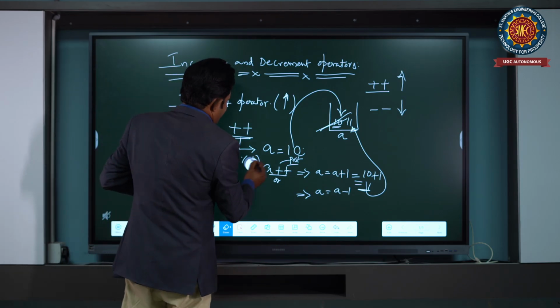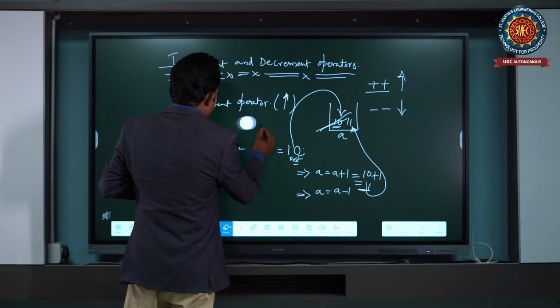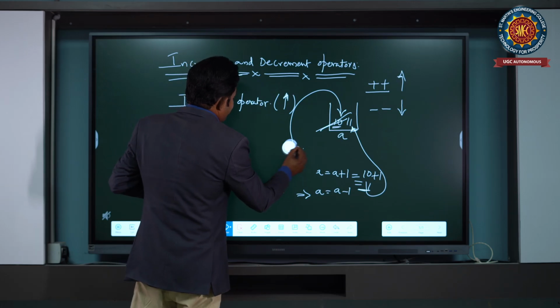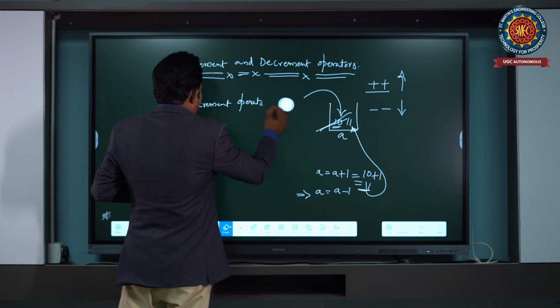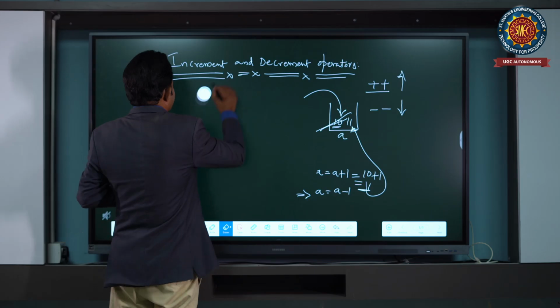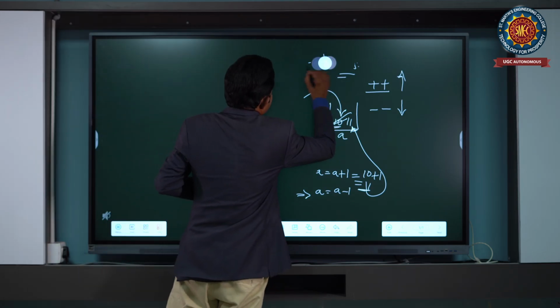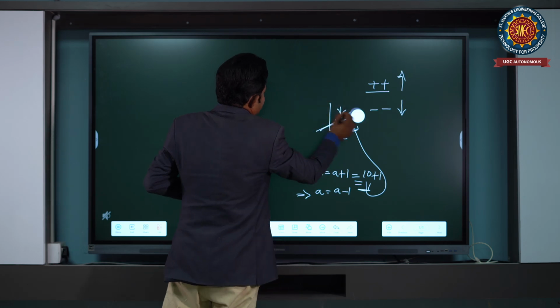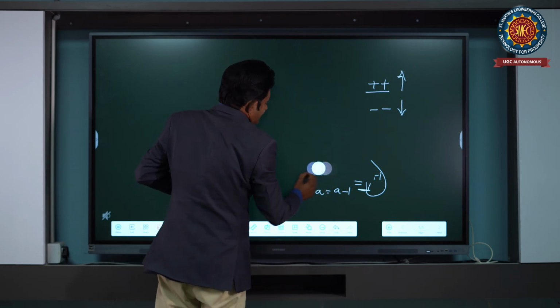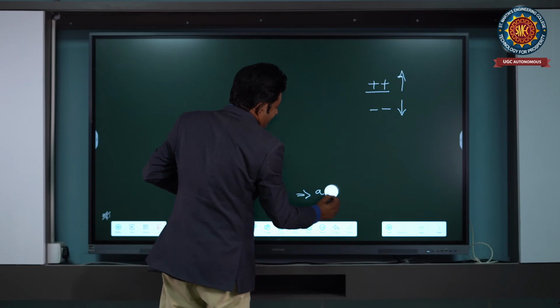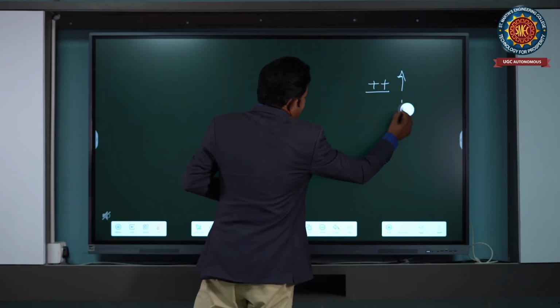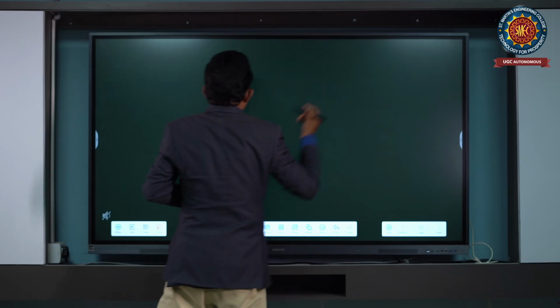We know the concept: increment means increasing the variable value by 1, and decrement means decreasing the variable value by 1. That is plus 1 for the increment and minus 1 for the decrement. So that is called the increment and decrement operators in C, plus plus and minus minus.